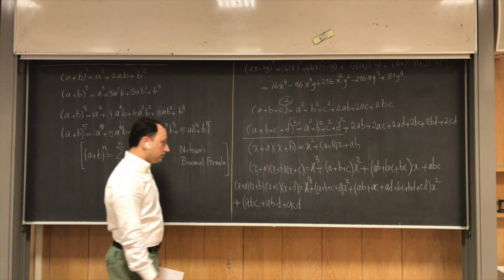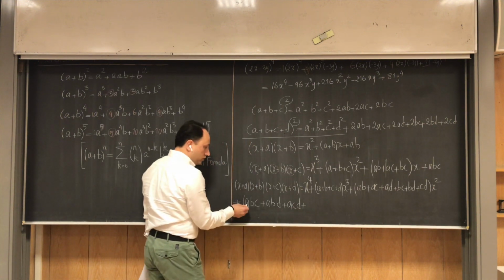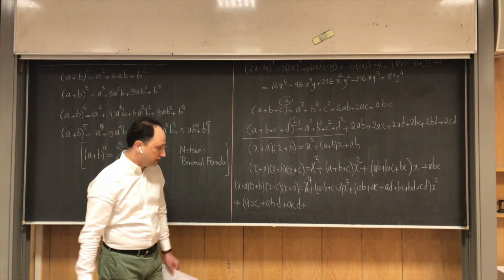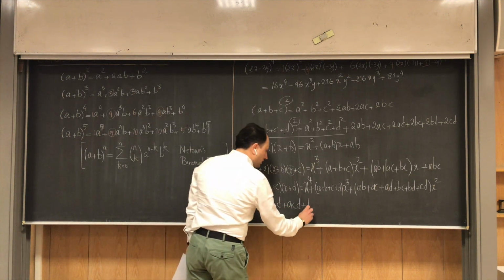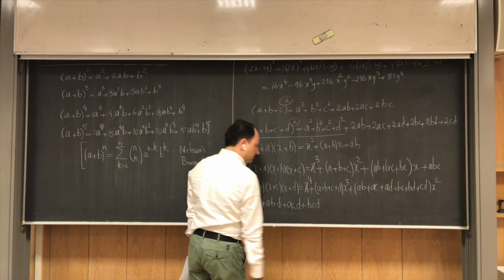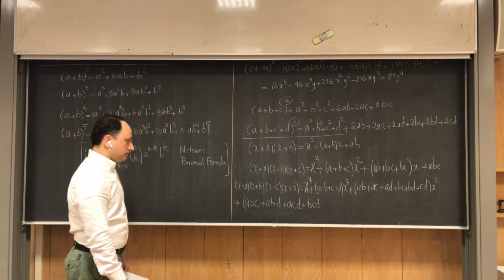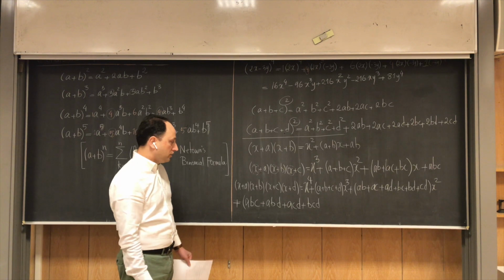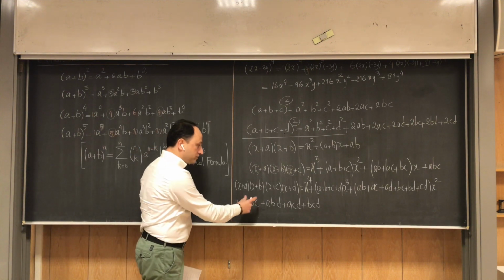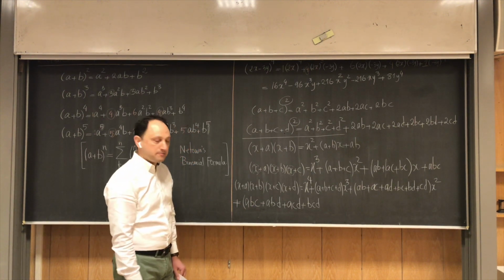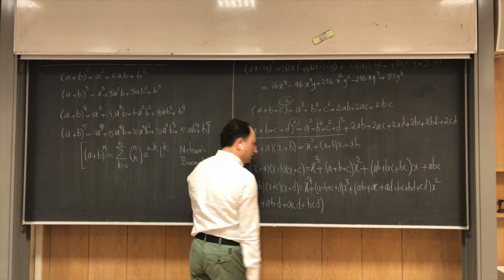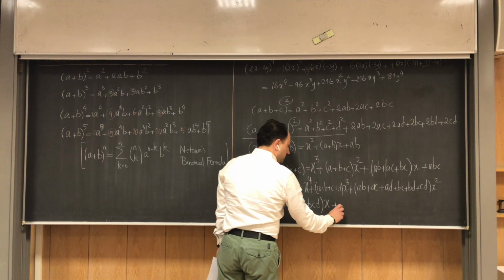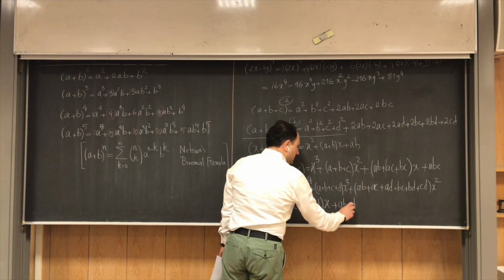The other combination, I cannot start with a anymore. A is finished. The combinations containing a are finished. The next one, I can start from b, so it becomes bcd. And no other combinations, yes? I cannot write any other combination to use 3 of them out of 4, yes? And then I close the brackets, and I have to multiply it by x, and then finally I multiply all of them, I add abcd to it.